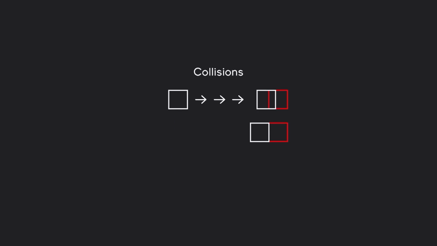And let me illustrate this. The question essentially is, if we have a scenario like this, which side actually collided? Is it the left side or the top side? The answer is we don't really know. There's quite some ambiguity here, which obviously is really bad.